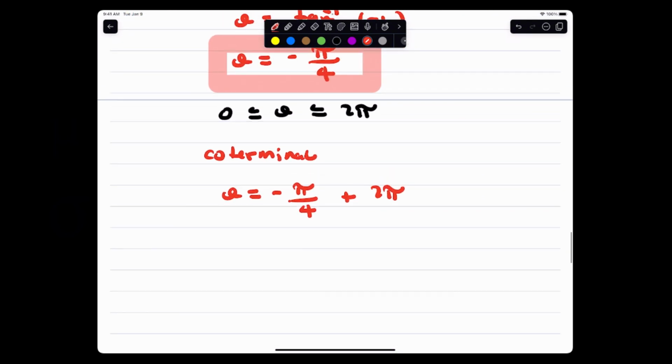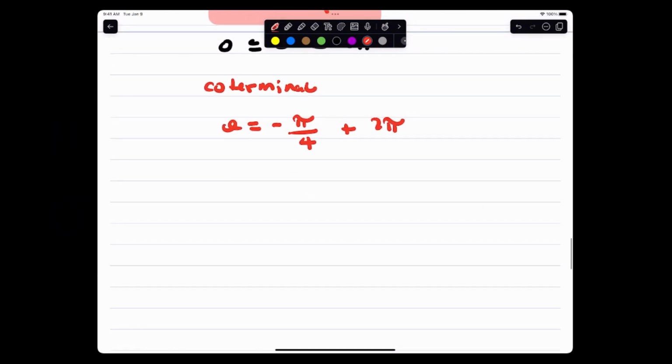Is that right? So then you're going to do some arithmetic. What do I mean by that? If that denominator is 4, what do you multiply the top and bottom by? 4. Is that right? You guys see that there? 4 and 4. What do you guys end up with? That's going to be what? -pi/4 plus what? 8pi/4.